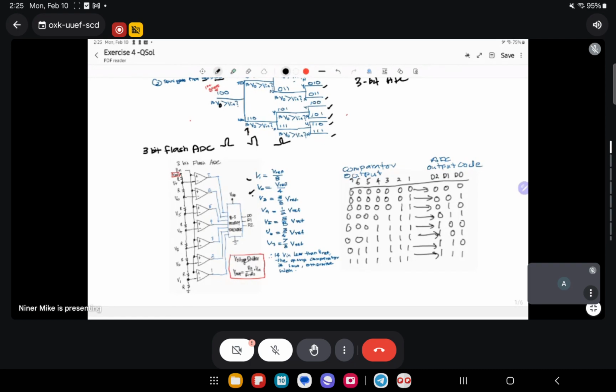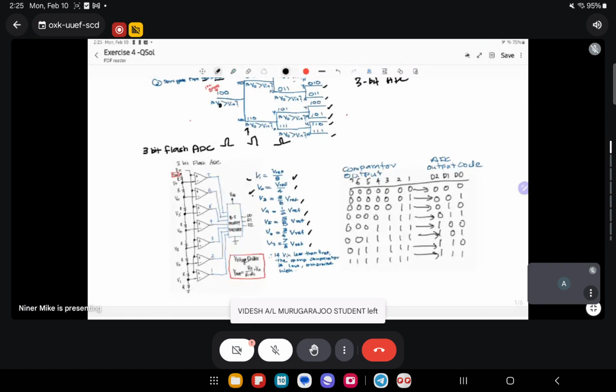So you get the values, and then you put in the reference. This is the reference voltage, and you do only voltage division. If you want to get these values, you have to calculate the correct R values so that you get this proportion of the voltage reference.